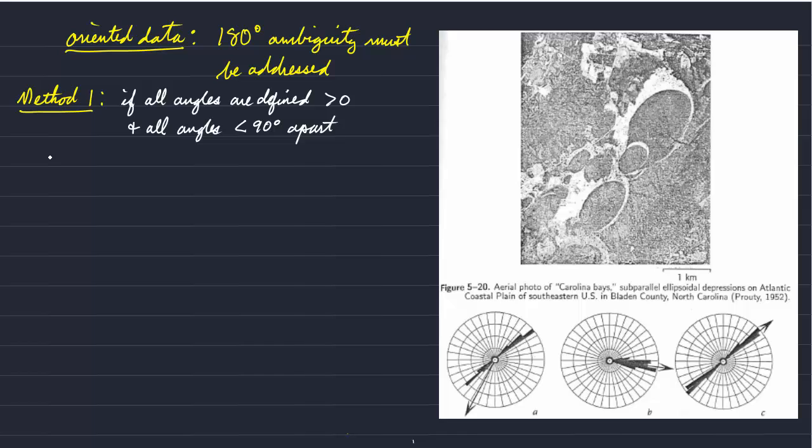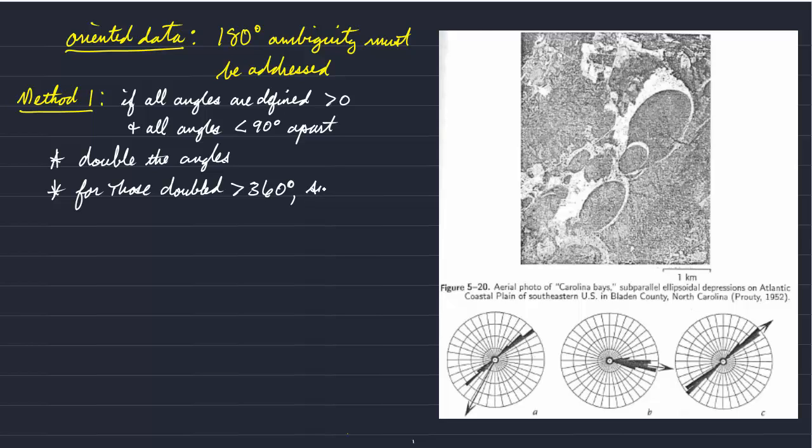And the first thing you do is double all the angles. And then for those doubled angles that are greater than 360 degrees, for those measurements, just subtract 360 degrees.